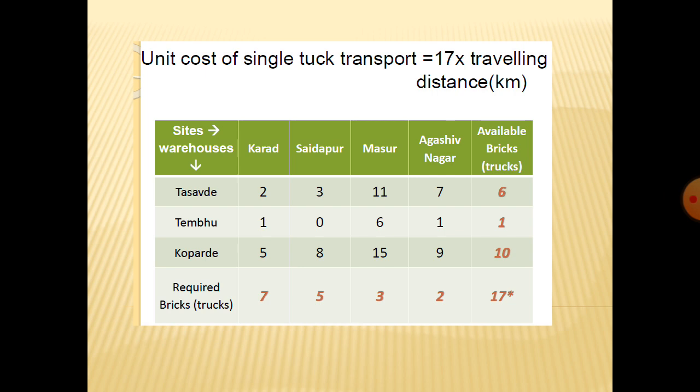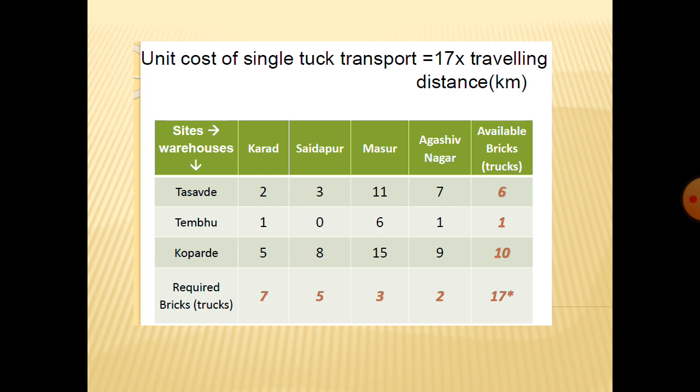Now you rewrite the problem in a convenient matrix form, that is sites and warehouses. The costs are given as 2, 3, 1, 7, 10, 6, 1, 5, 8, 5, 9, and availability is 6, 1, 10.